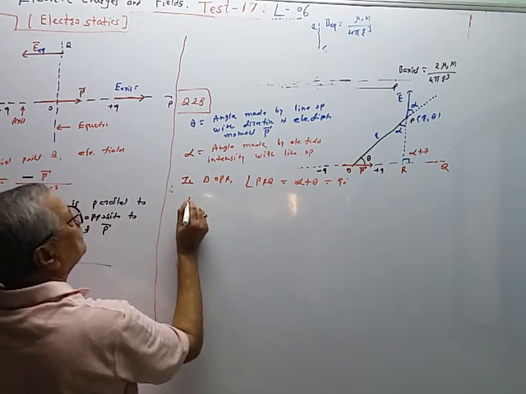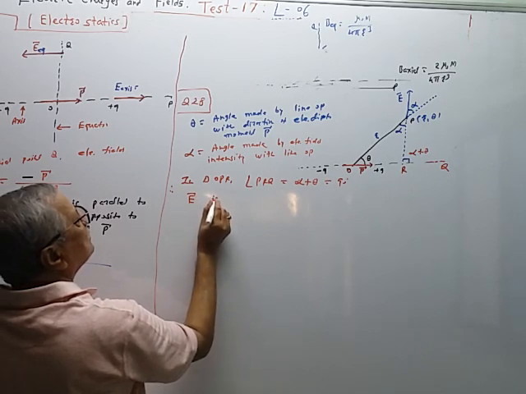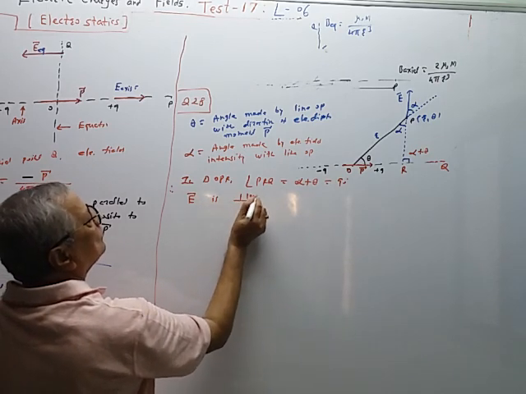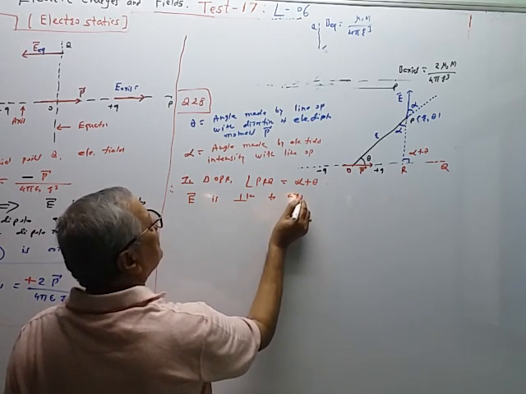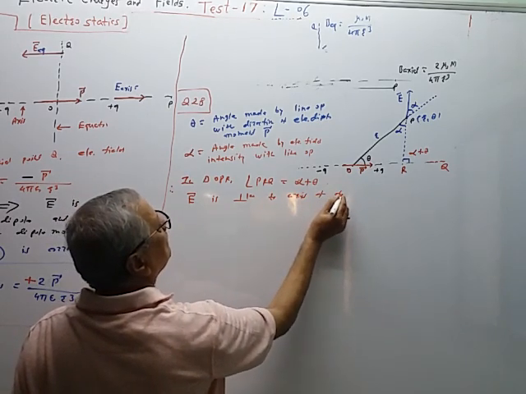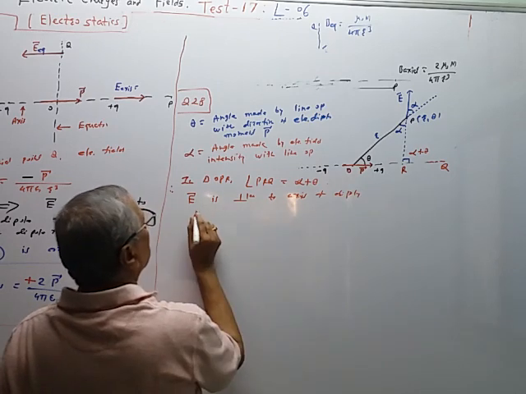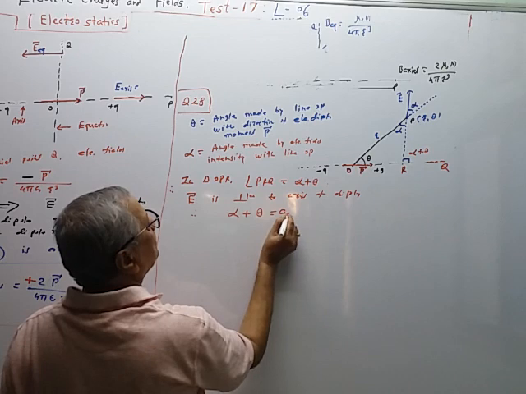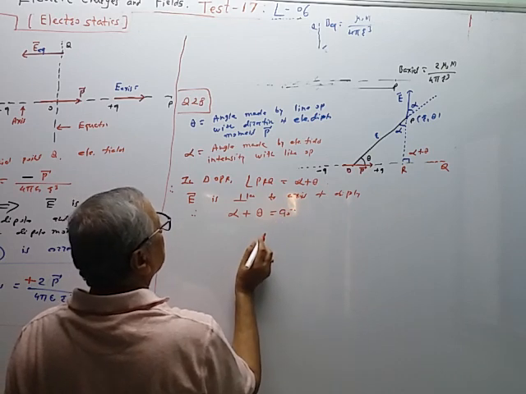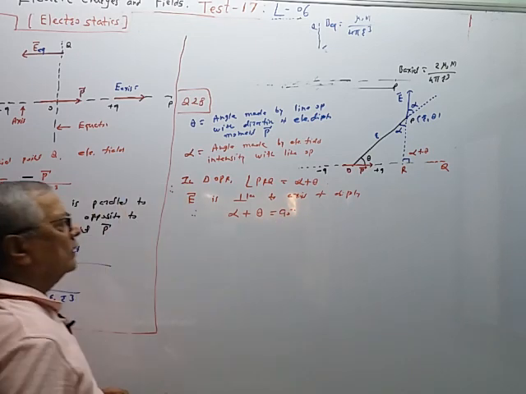So E is perpendicular to axis of the dipole. Therefore, alpha plus theta is equal to 90 degrees, like this.